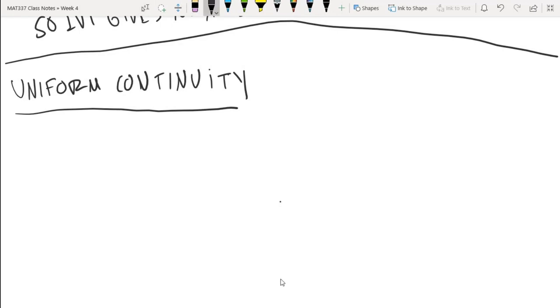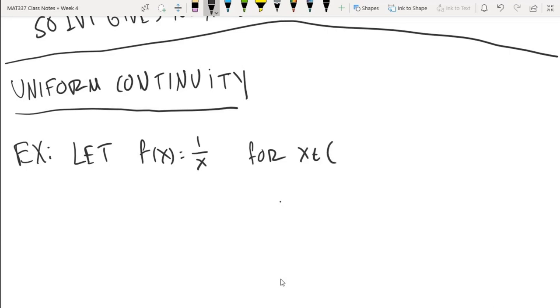So let's start with an example to make sense of uniform continuity. Let f of x be 1 over x for x in the open interval (0, 1).